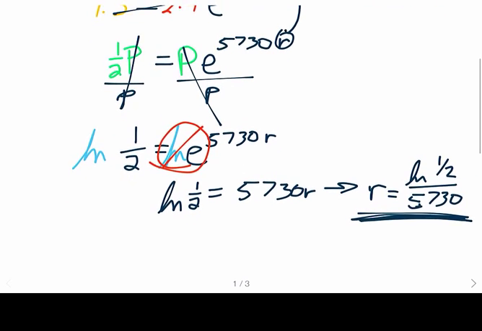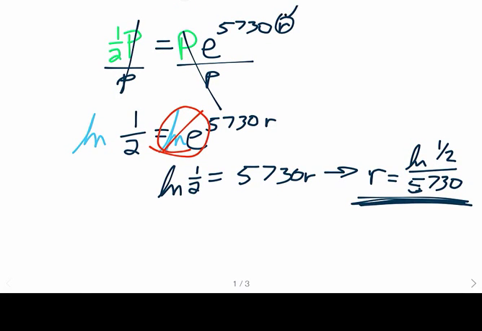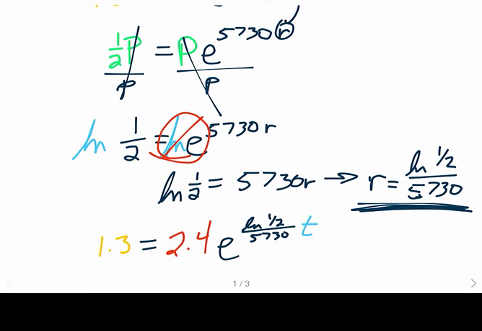And so what we can do is flesh out the equation and it'll look like this. 1.3, which is what it ends up being, is equal to 2.4, which is what it started out at, times e^((ln(1/2)/5730)t), that's the r that we just found, times t. And t is the variable we want to solve for. So remember, we just did all that to find r so that we didn't have too many variables in the equation. We only wanted one.